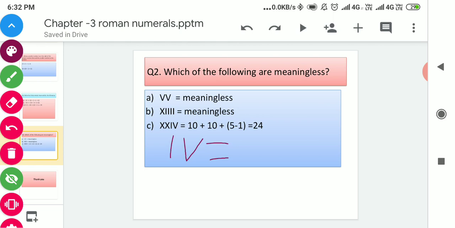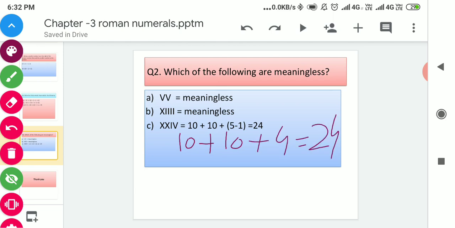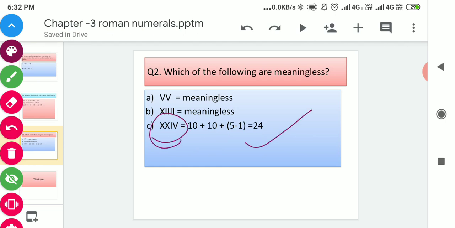So we will subtract the smaller number 1 from the bigger number 5. The answer will come here 10 plus 10 plus 4, that is 24. So the value of this Roman number is coming 24, and this is not meaningless. So we have solved the questions according to the rules.